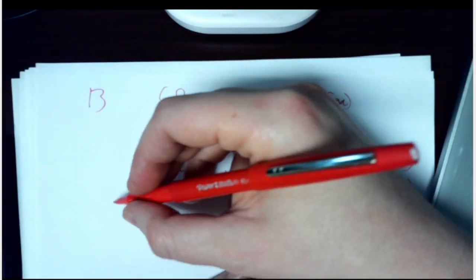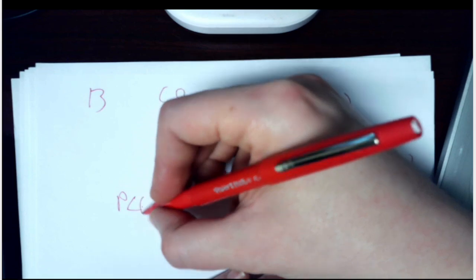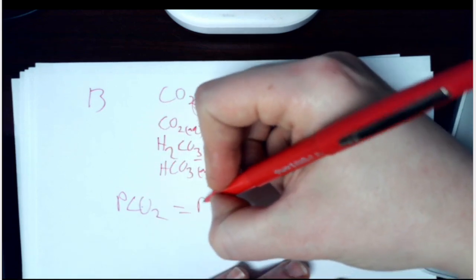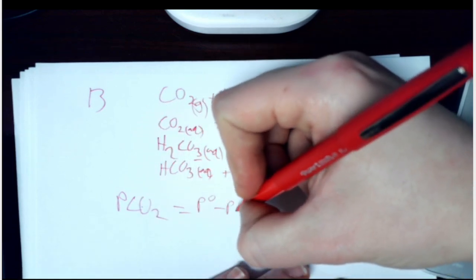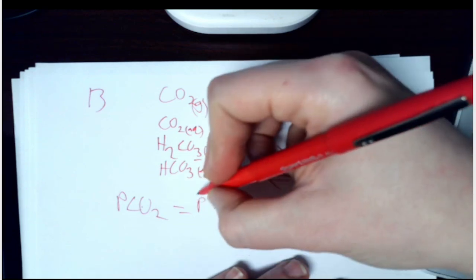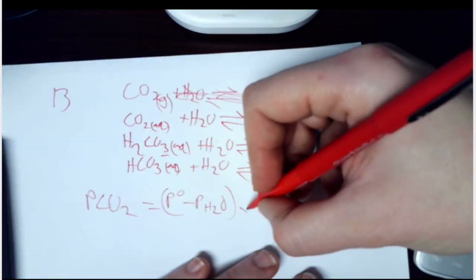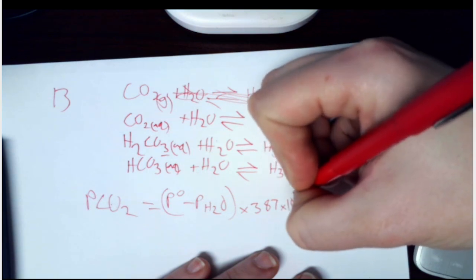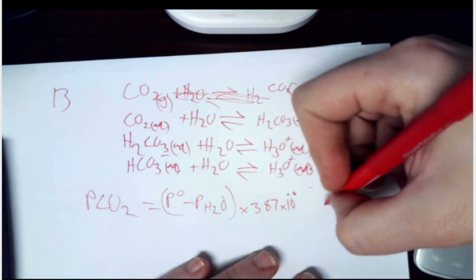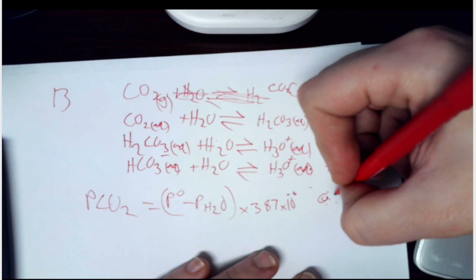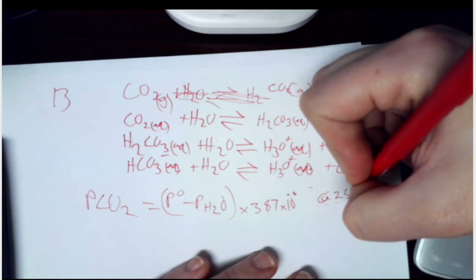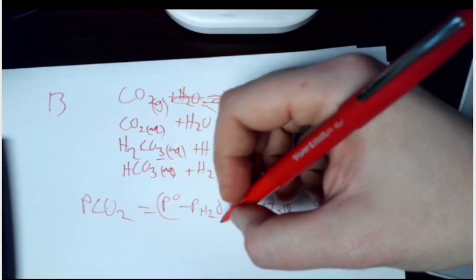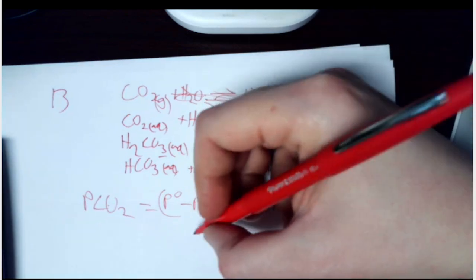Depending on the book, you may or may not consider this part. The pressure of CO2 is going to be the pure pressure minus P of water, times the normal proportion of CO2, which is 387 times 10 to the negative 6 at 25 degrees. Since the book made such a big deal of including the vapor pressure, I will.